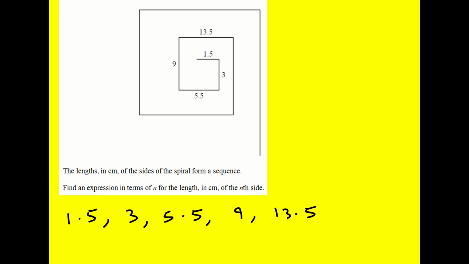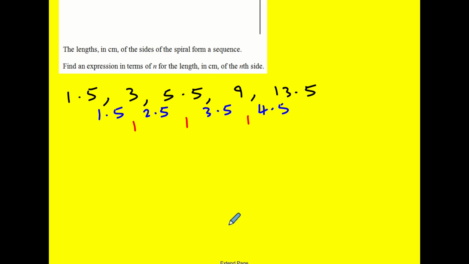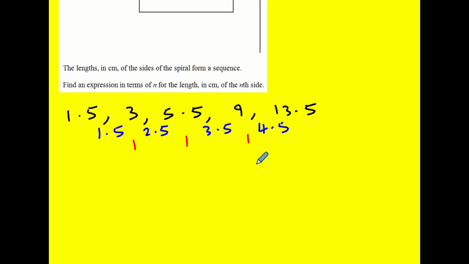Let's find out by finding the first difference. Yep, that's going up by a constant amount, and the second difference is going to be 1. In this particular one, I'm not going to go through all the steps now.